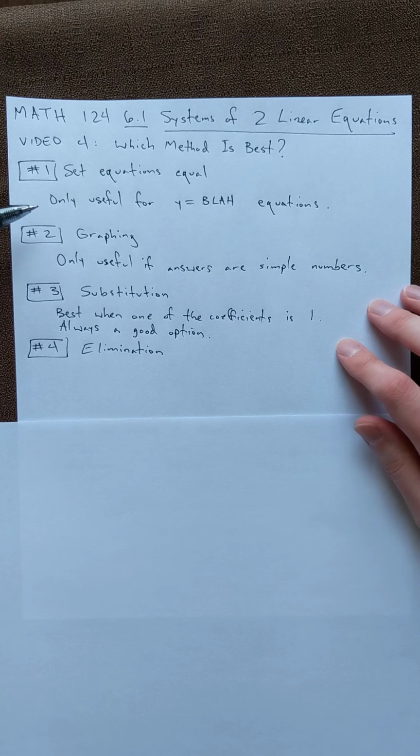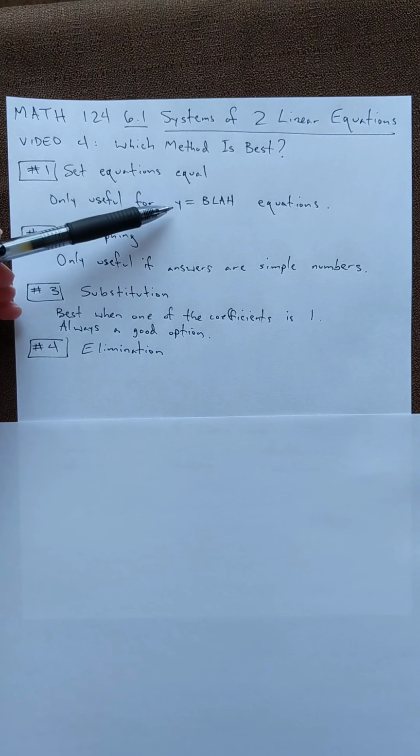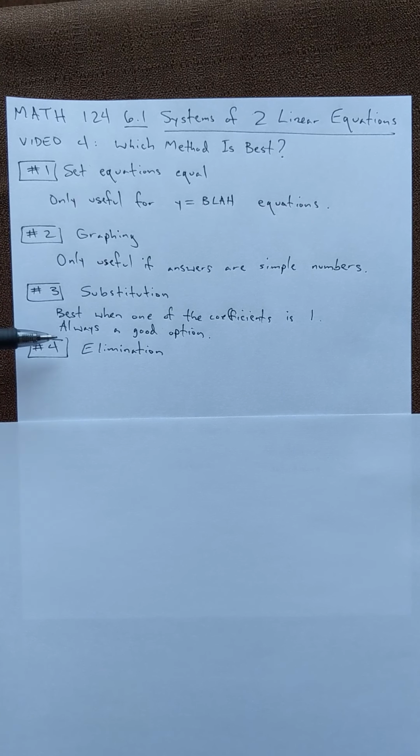Another thing I should say, going back to setting equations equal: you can always use this. It's just that you might end up spending more effort writing both as y equals this and y equals that. You might be better off just using substitution at that point.